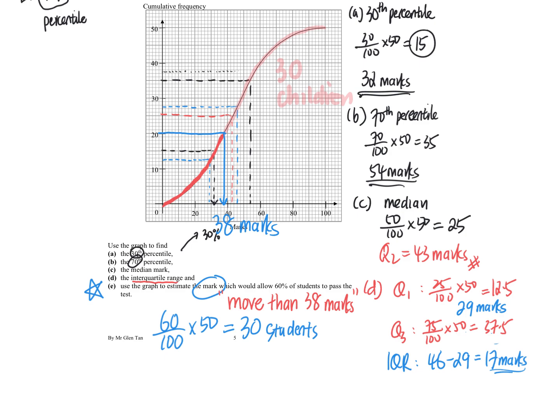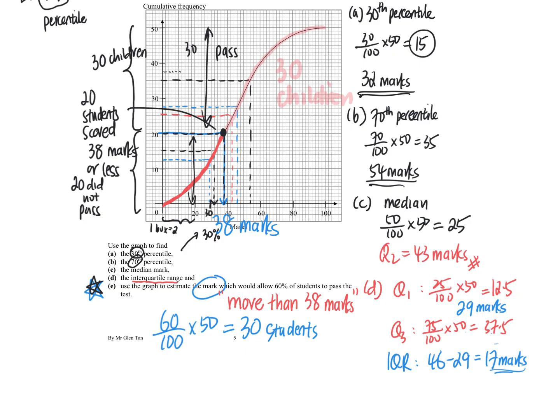So far off. Okay, so middle here. 57 marks. So this is 57. So 28. Okay, IQR should be 28, my bad.